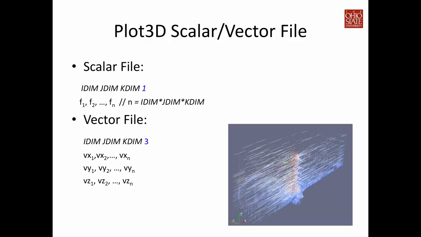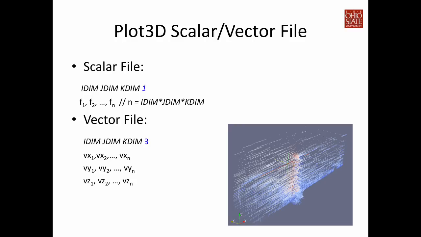If it's a vector file, then you're going to store n vectors. And then the vectors are stored as x components first, followed by y components, followed by z components. Here the x, y, z are the vector components. So again, just like the positions, you're going to read a chunk of x components for the vectors, and then y components, and then z components.